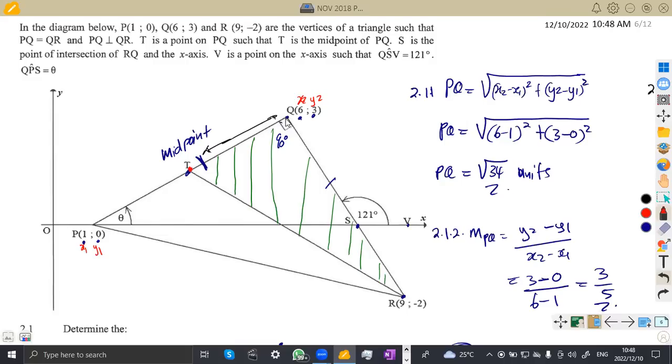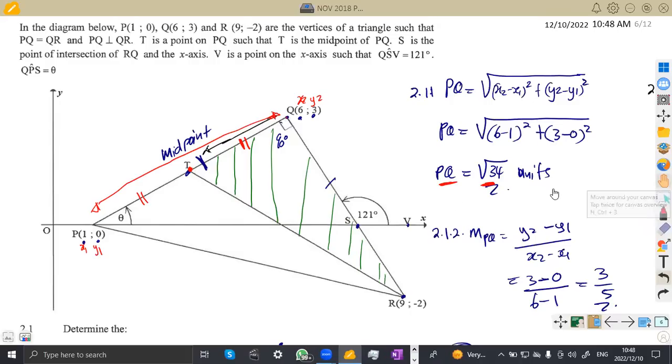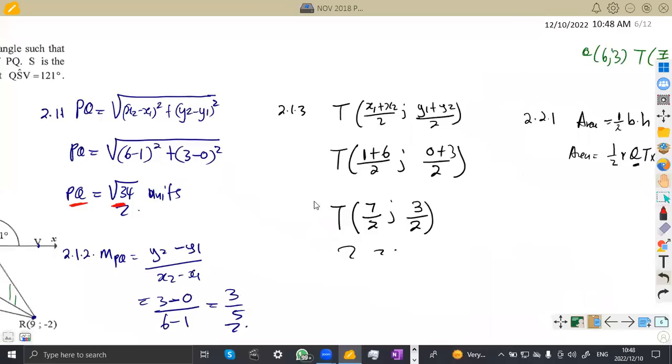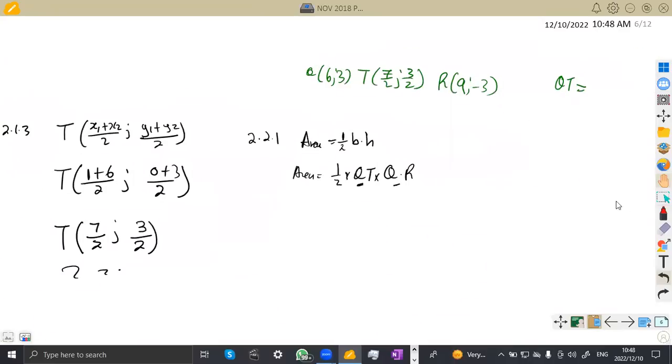So it actually means the distance from Q to T is the same as the distance from T to P. So from Q to T, it's half of the whole distance from Q to P. And we calculated PQ previously, PQ was the square root of 34 units. So we are just going to take half of that. There's no need for us to calculate it again.